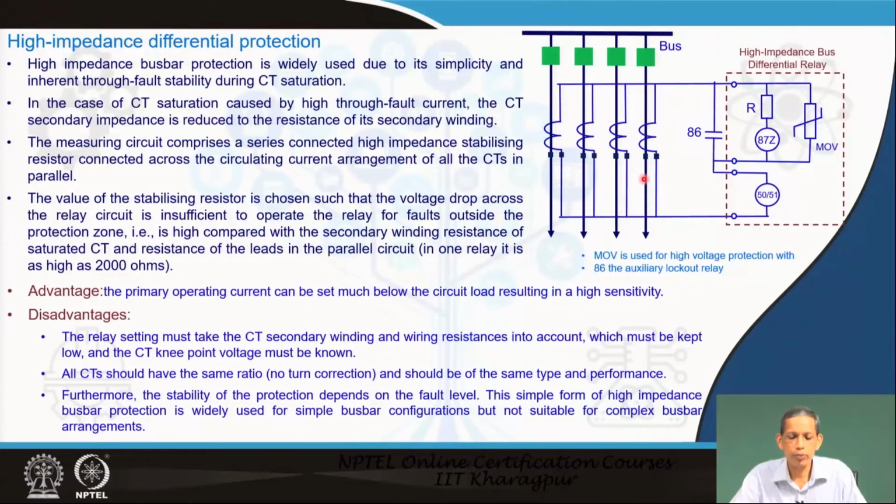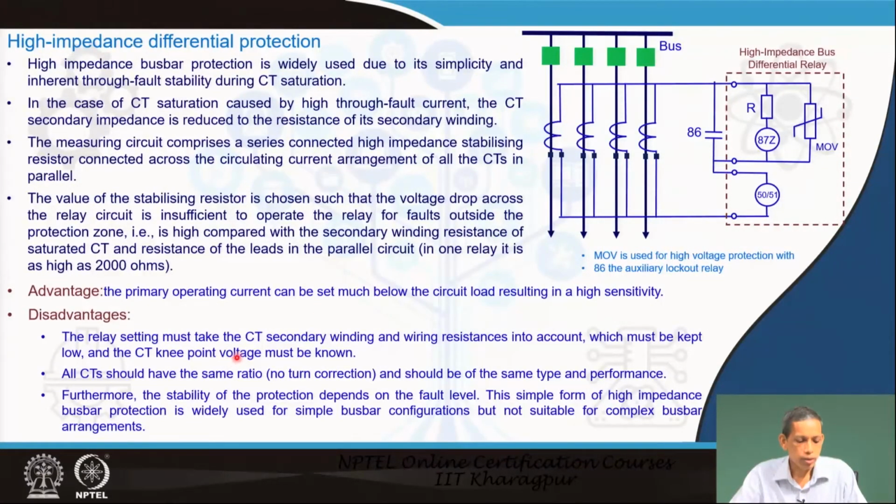But note that in case of internal fault, the voltage may be very high, and that may be detrimental to these gadgets like the high resistance, the resistor and other accessories here, and to protect them a metal oxide varistor is added in parallel with these circuits. The 86 is the auxiliary lockout relay, which helps in the tripping mechanism. The advantage of this one is that the primary operating current can be set much below the circuit load, resulting in a high sensitivity.